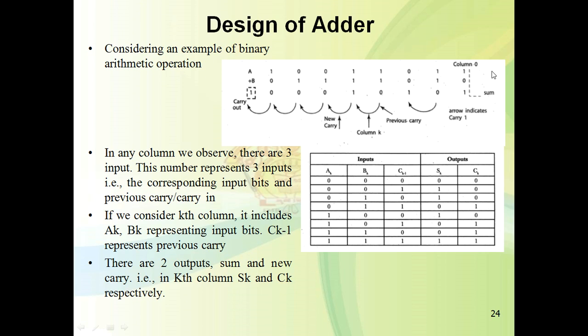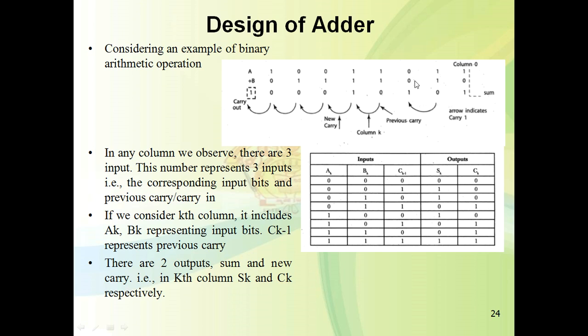If you want to add these two numbers, this is the A operand and this is the B operand, and the sum will be here. For the first column, A is 1, B is 0, the sum is 1, so there is no carry. Likewise, if A and B are 1 and 1, then the sum is 0 and the carry is 1. The arrow indicates carry 1.